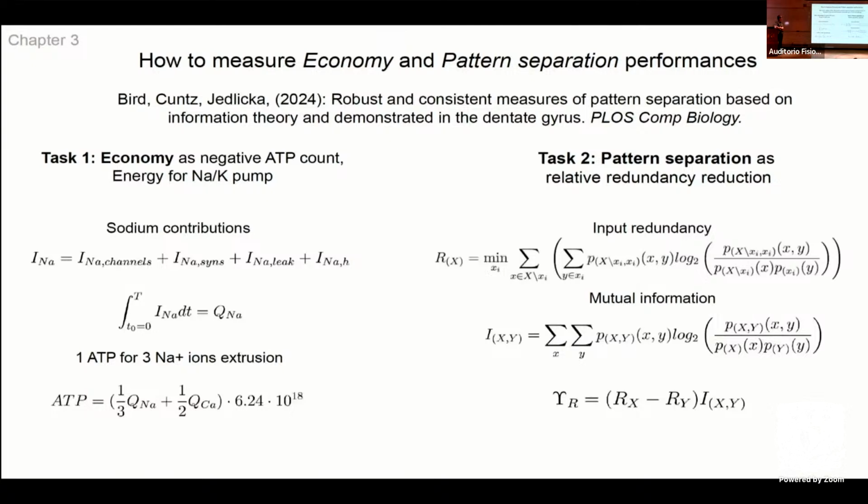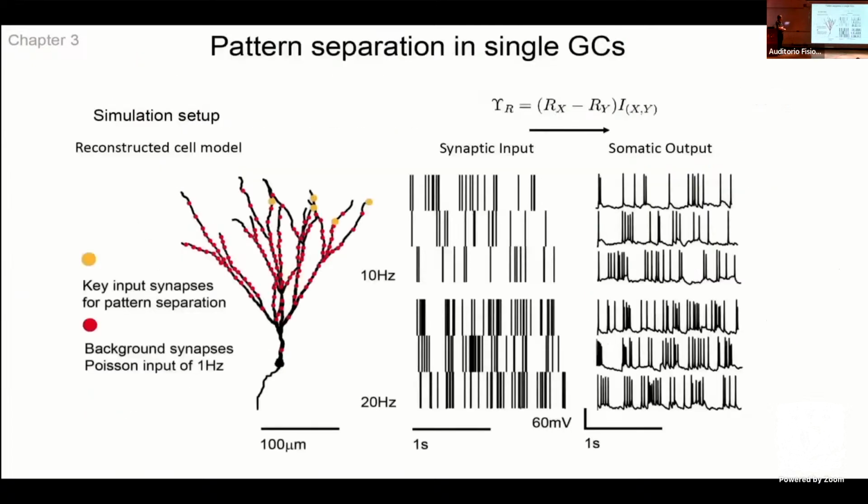These are the two tasks or functions of the cell: to be economic, so use as little energy as possible, and to perform pattern separation as well as possible. And this is the simulation setup. We have a MATLAB toolbox developed to generate our input with a certain frequency, phase and correlation.